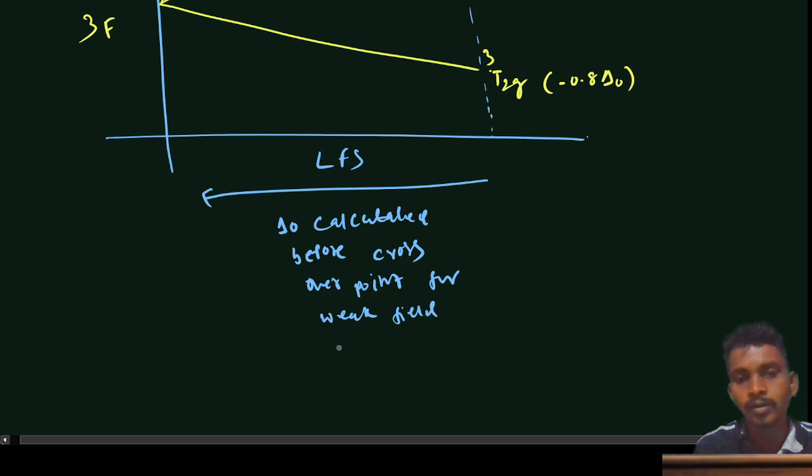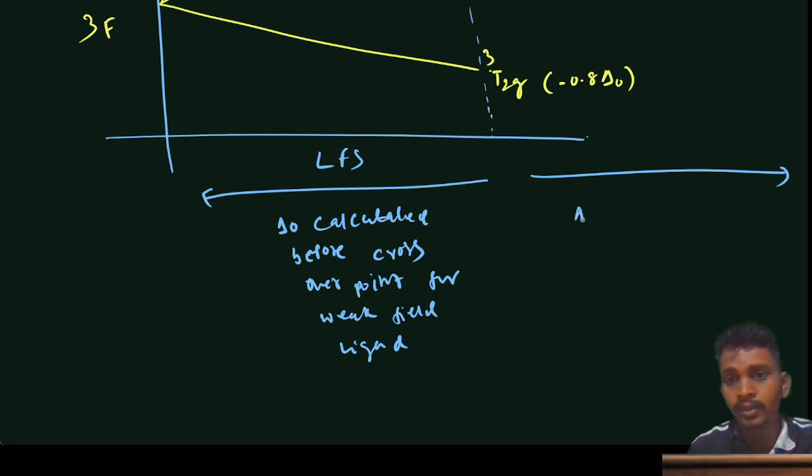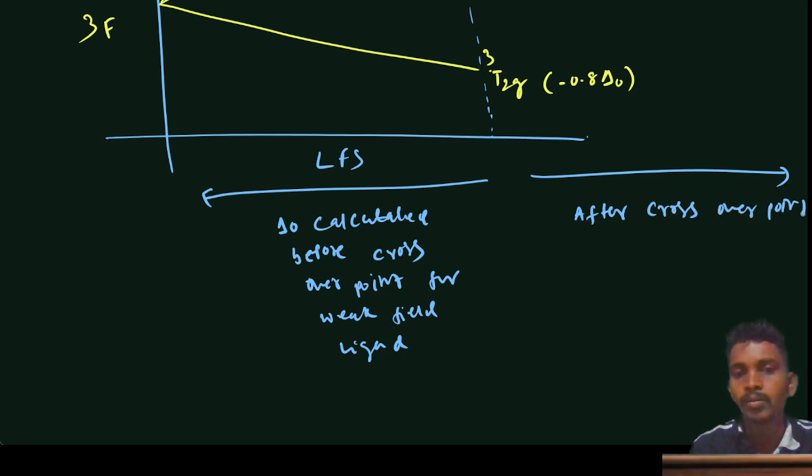Okay, so this delta naught we will calculate here if the ligand is a weak field ligand. And after the crossover point, delta naught is calculated for strong field ligands.